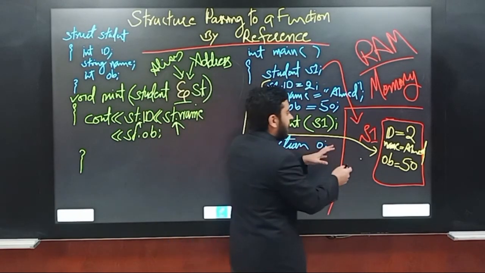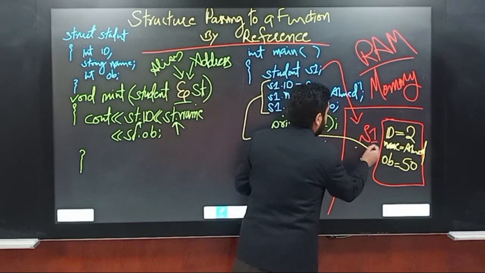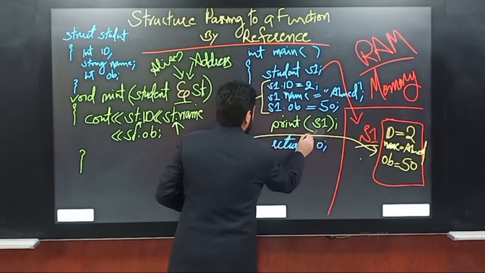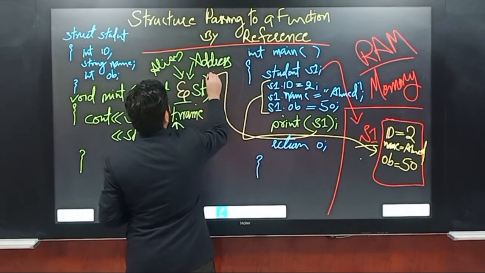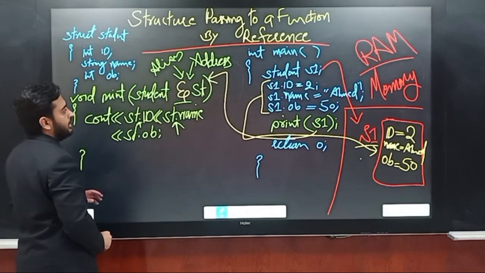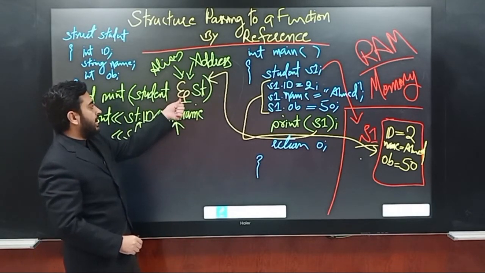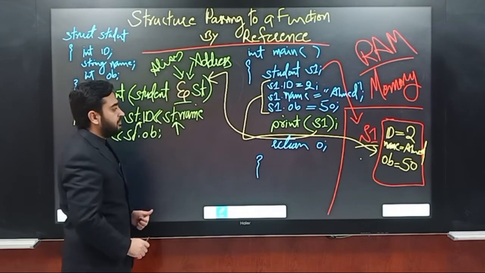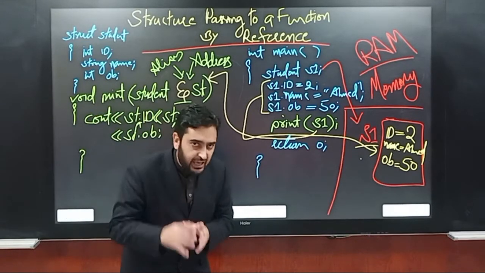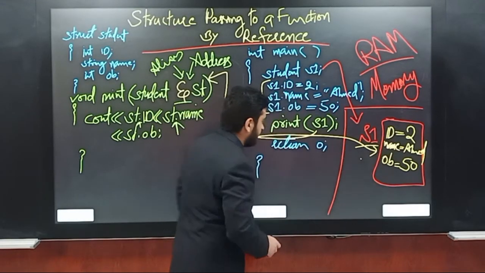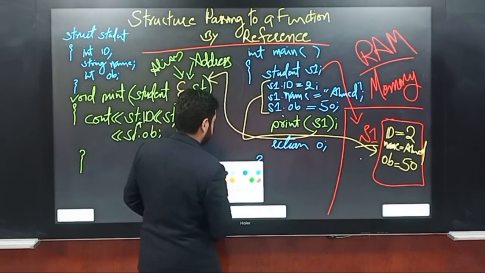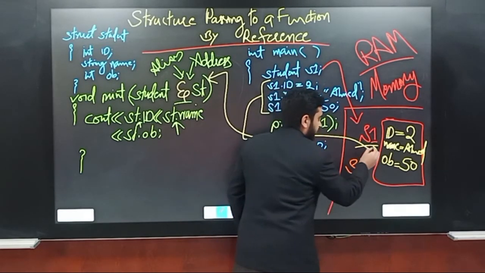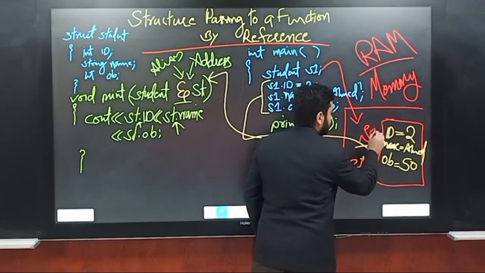We are going to declare an alias of s1 by passing s1 to the user defined function. Here you can see we have coded the reference operator before st, so it means that we want to create another name for the same location. So another name should be st for this location.